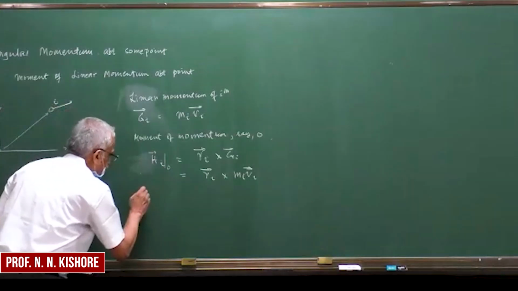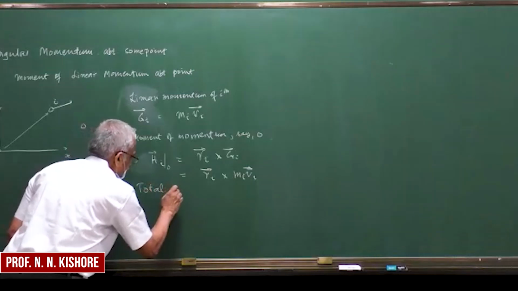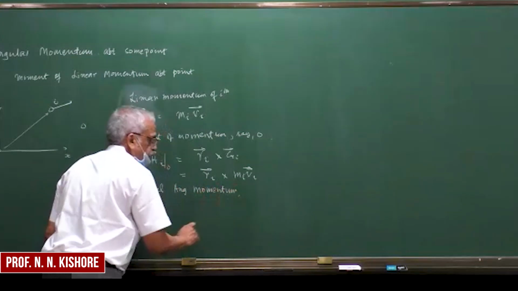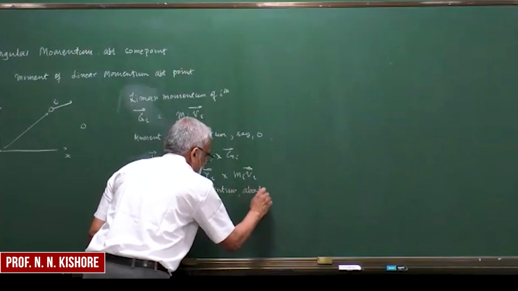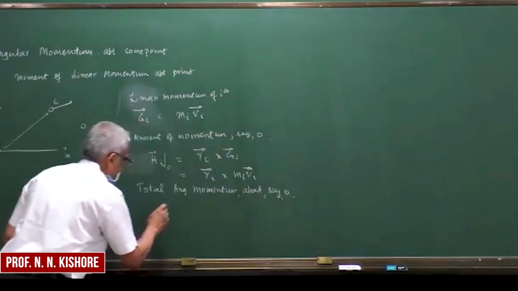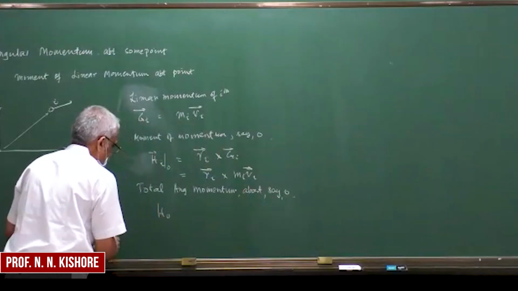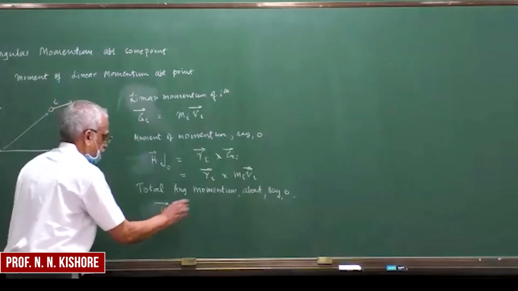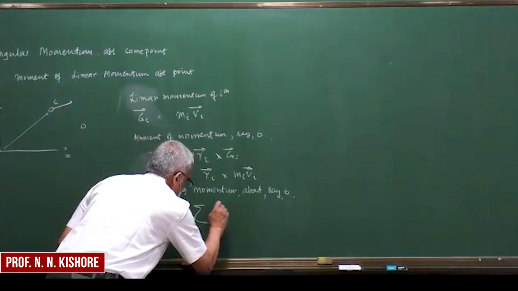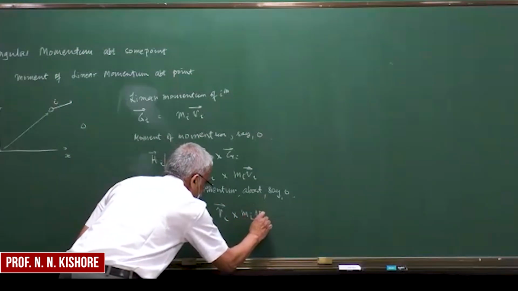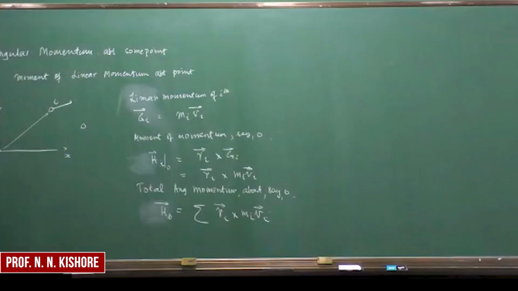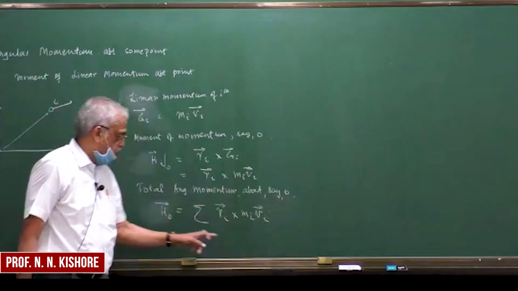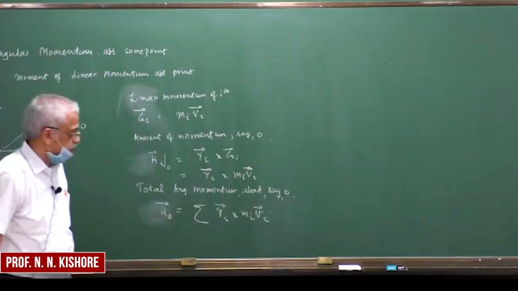And so the total angular momentum about, say, O, H_O, is nothing but the summation of... so this is how we define the total angular momentum about O. So put the subscript O here on H. Okay.